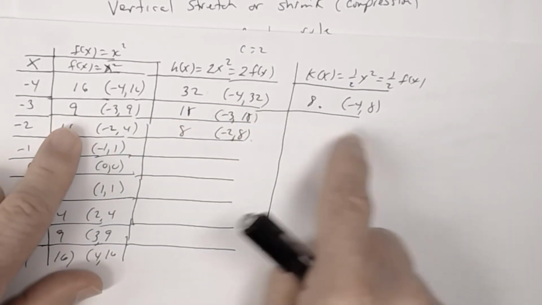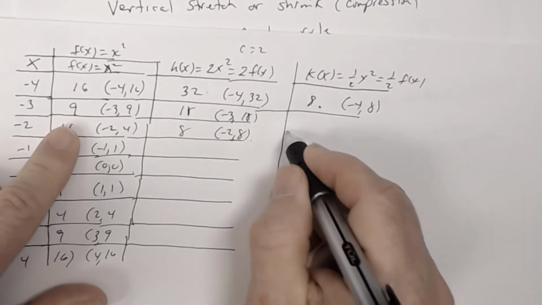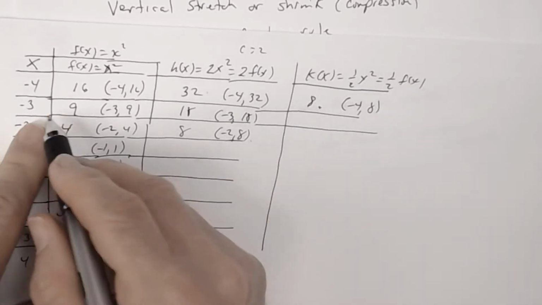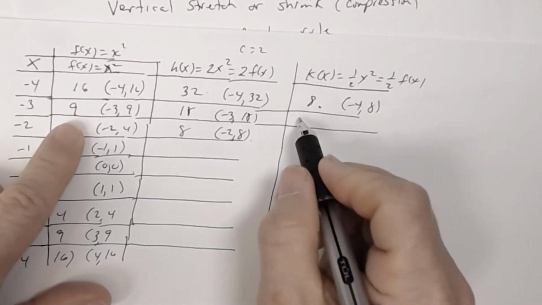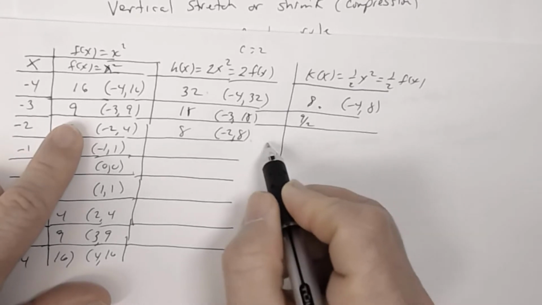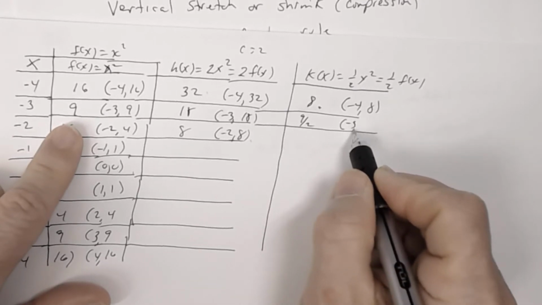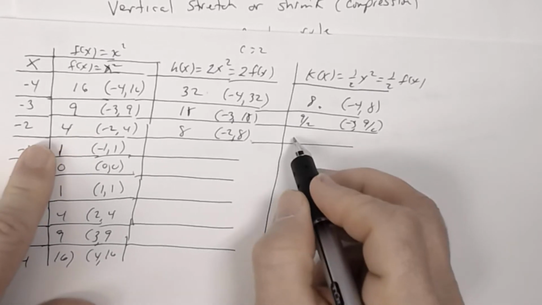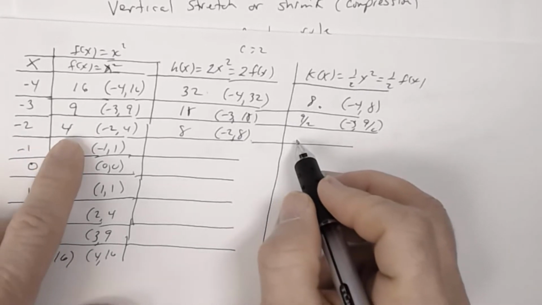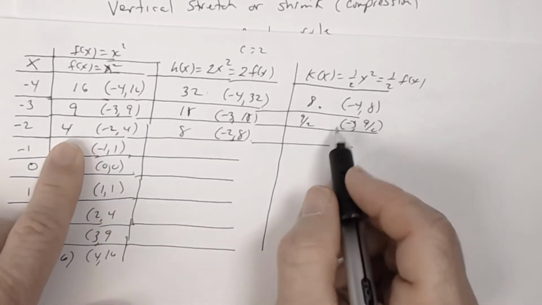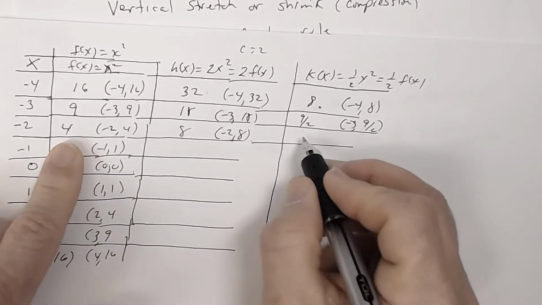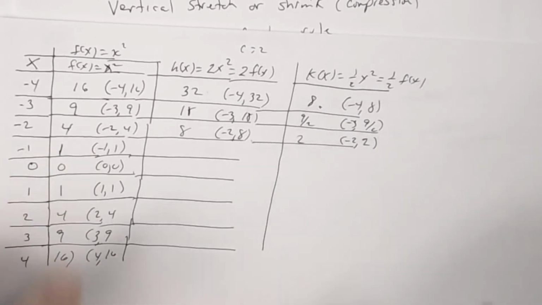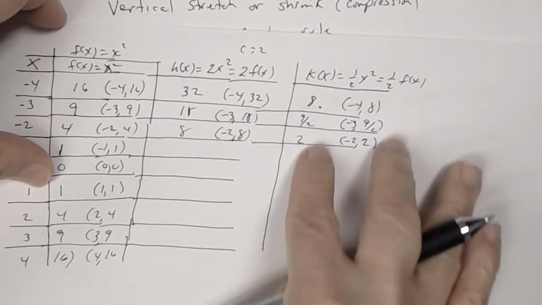So when x was negative 3, this became 9/2, so we had the point negative 3, 9/2. When x was negative 2, the y value in f of x was 4, and for k of x it became 2. So we got the point negative 2, 2. And then you can go on with this.